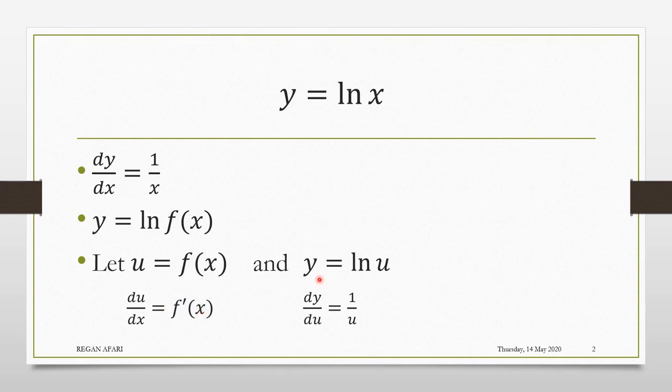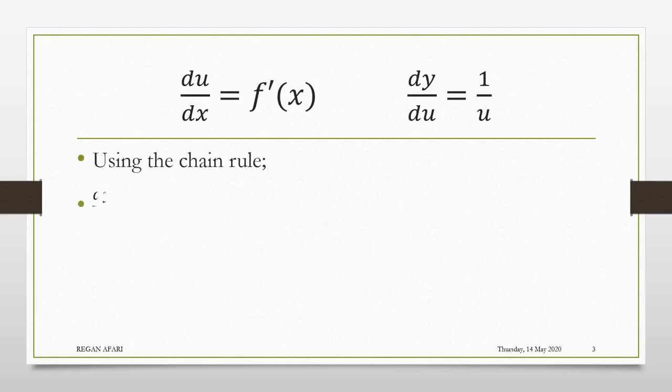We have come out with a definition that when you differentiate ln x, the answer should be 1 over x. Therefore, when you differentiate ln u, you should have 1 over u. So dy du is 1 over u. Then we will apply the chain rule on this to get the dy dx.